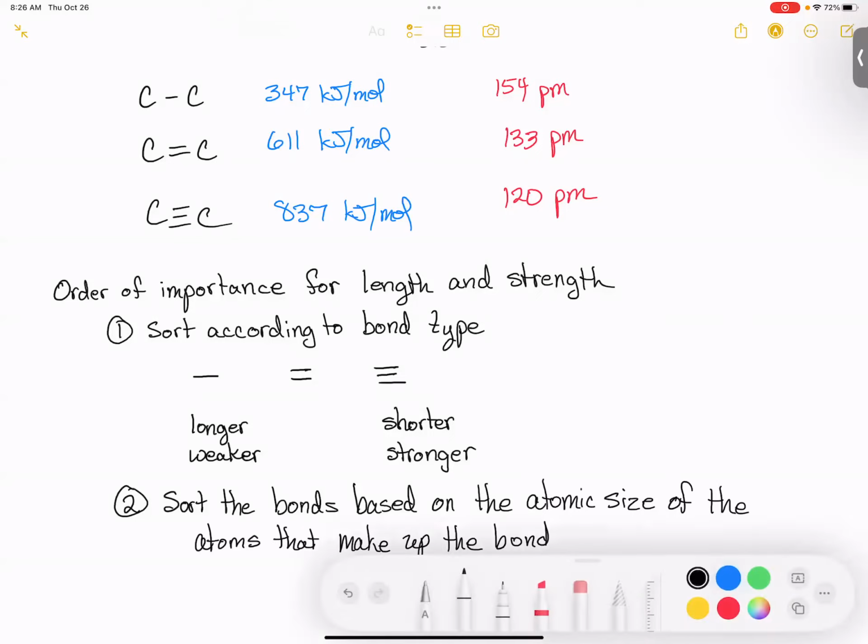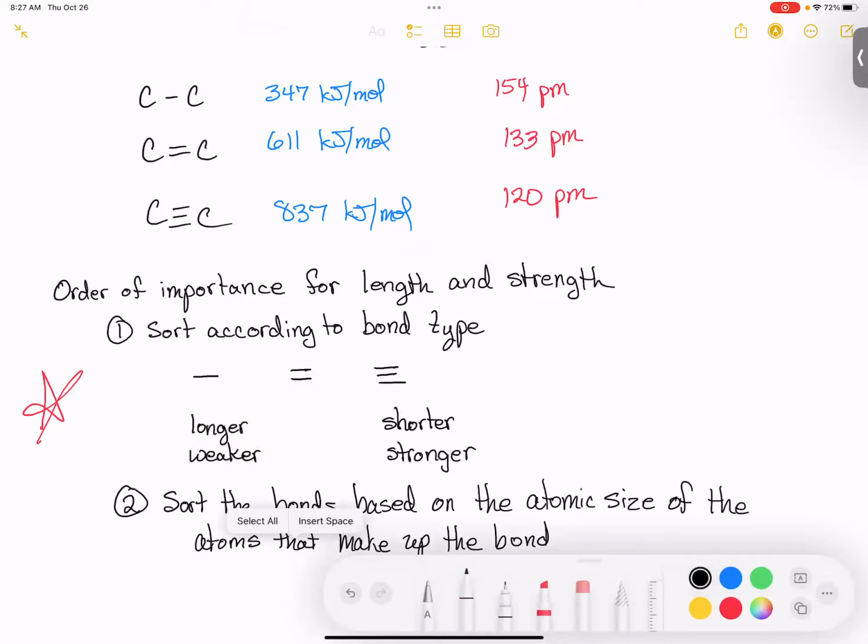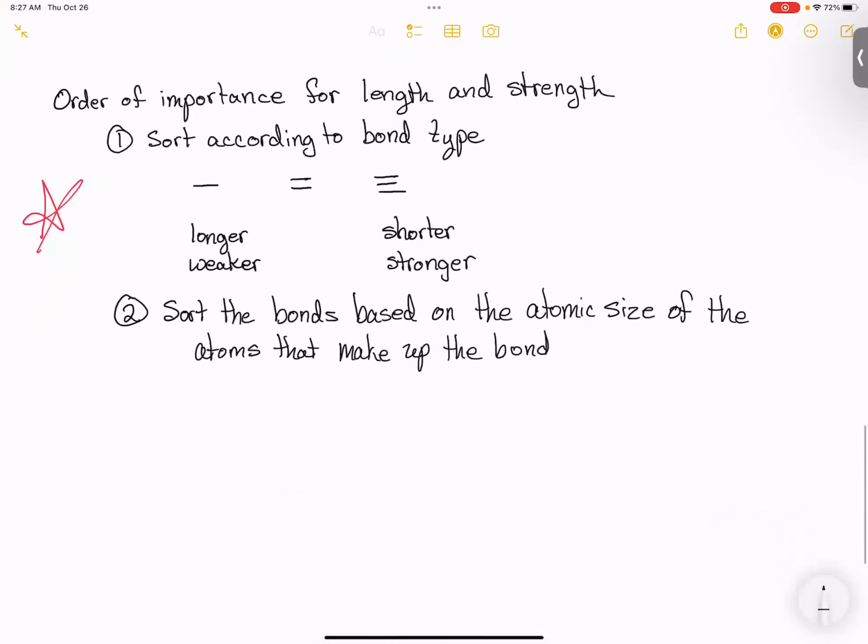As far as the test is concerned, this probably is the take home. Let's look at an example of how it would look on the test.